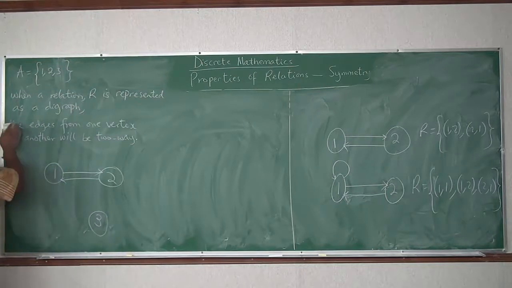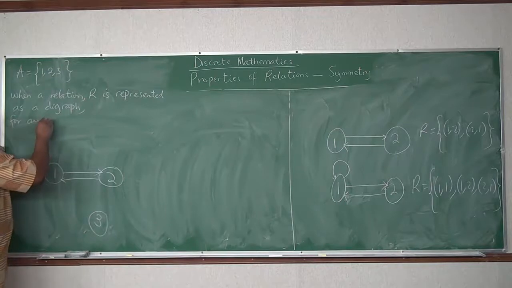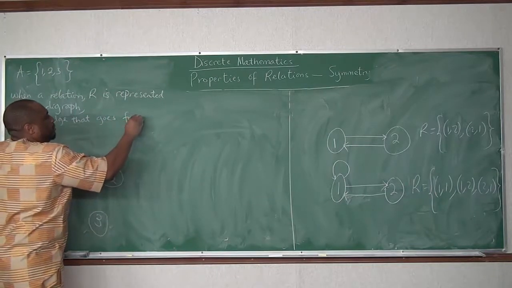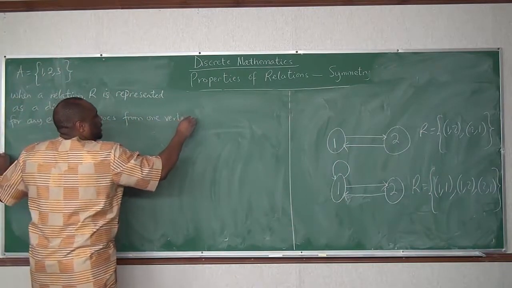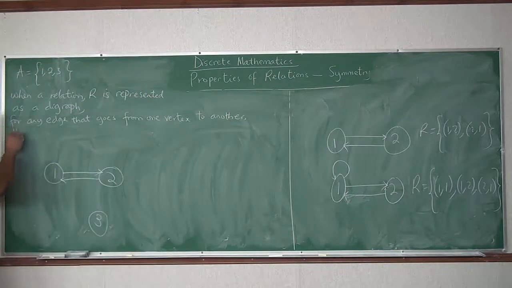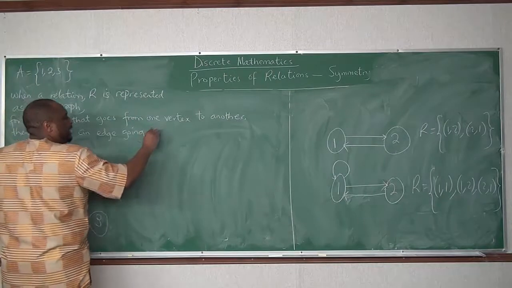So the way I will put this is: for any edge that goes from one vertex to another, there must be an edge going in the opposite direction.